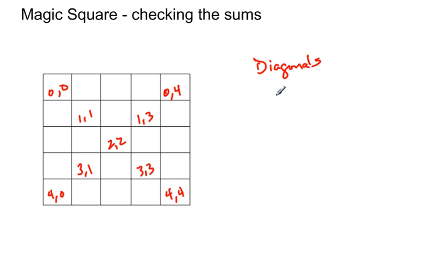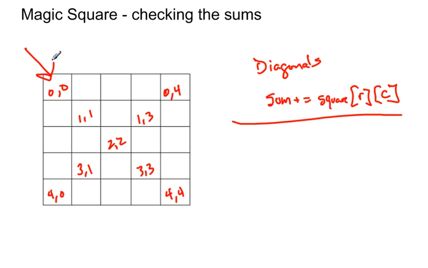So in the first one, I'm basically doing sum plus equals, let's say you called this square RC. They're the same. In the second one, I'm going to be doing sum plus equals square, and let's say you're starting with R. This value is not the same, so how do I get this value?